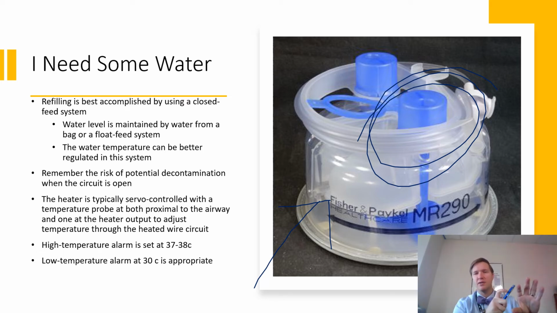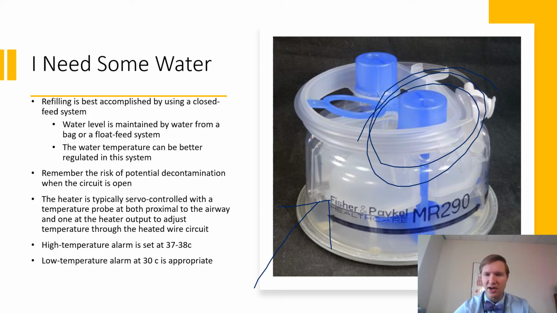And so it's going to read back what the one closest to the patient is to the heater and tell it, okay, I need to increase my temperature to make sure that by the time it reaches the patient, it gets to that optimal temperature I'm programmed for. So it'll automatically do that on most of your modern heaters. So that's that servo control, so it's going to adjust it throughout that circuit.